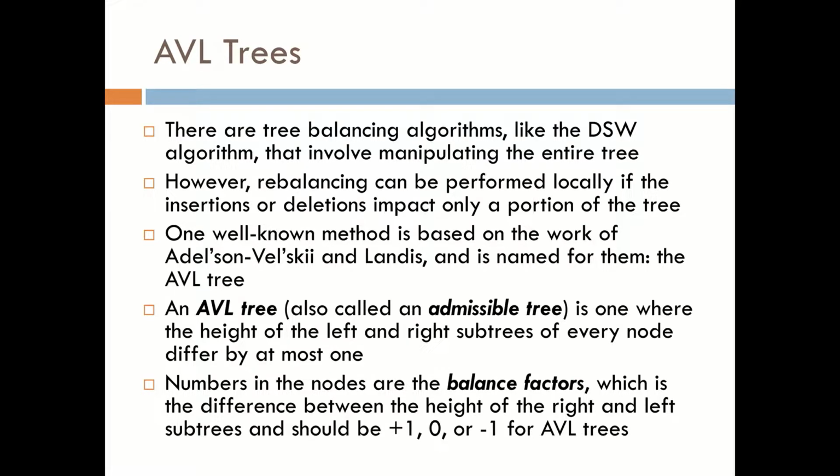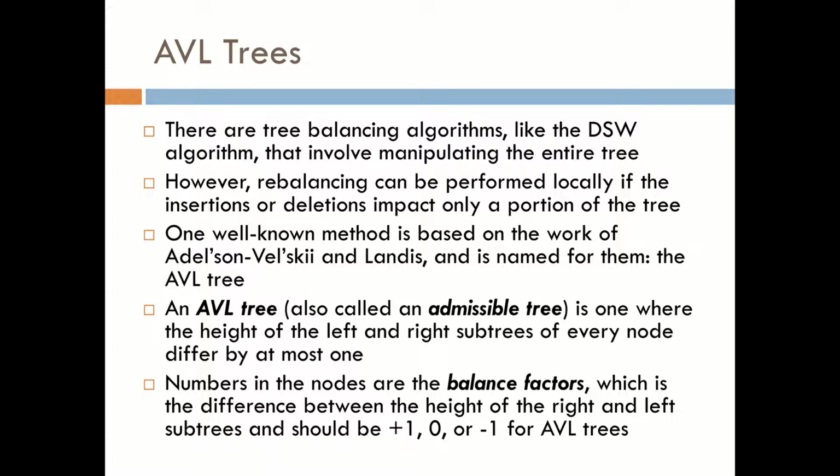So we see that this degenerate tree condition can lead to us searching in order n versus order log n, which is what we're promised to get with a binary search tree.